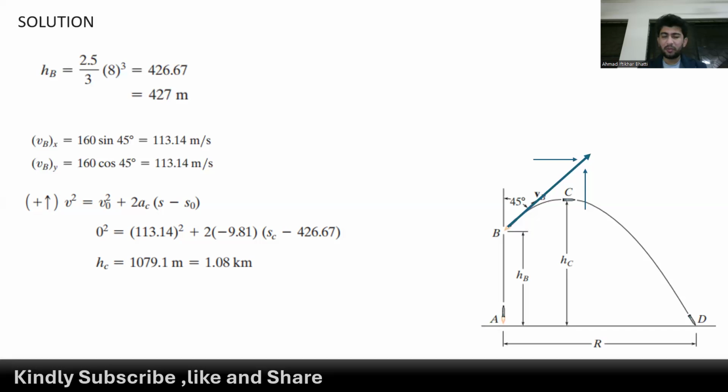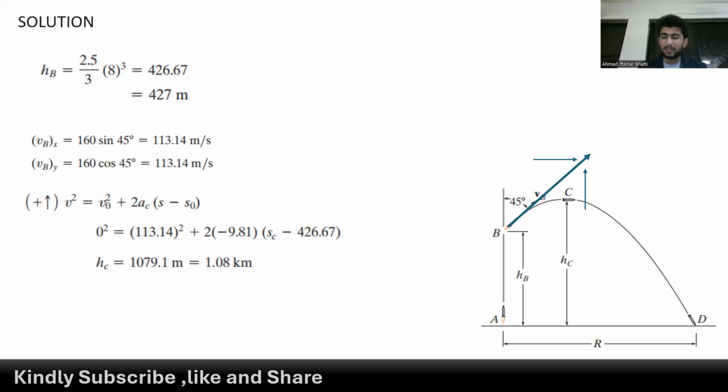Its initial velocity in the vertical direction is 113.14, and the acceleration is due to gravity, acting vertically downward, so we have minus 9.81 meters per second squared. And the initial height is 426.67 meters, that is at point B. Through this, we can find the height at point C, that is 1079.1 meters, or you can also write it as 1.08 kilometers from the ground.